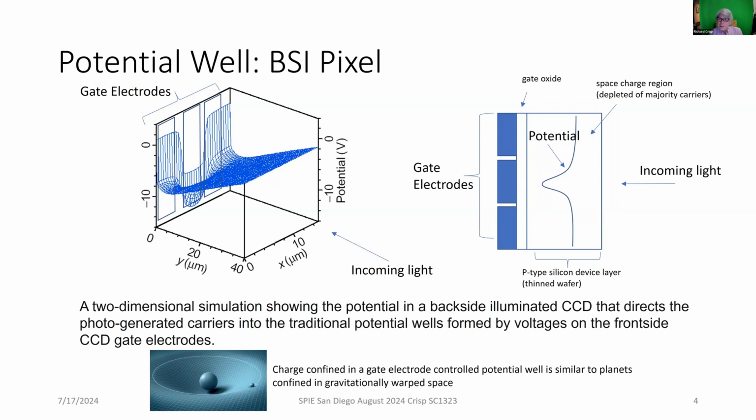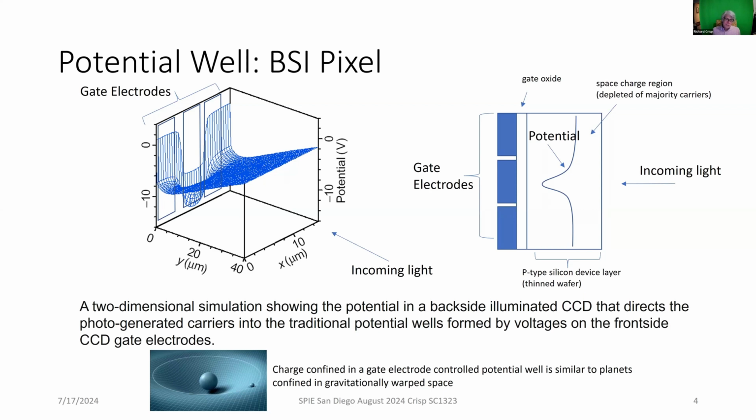By applying a bias voltage, we'll create a space charge region that's depleted of majority carriers, and in fact have a potential well where electrons can be gathered up. If we change the voltage on the gate electrodes, then we can move the position of that potential well, and in so doing, move the charge carriers along with it, as if it was on a conveyor belt or what have you.